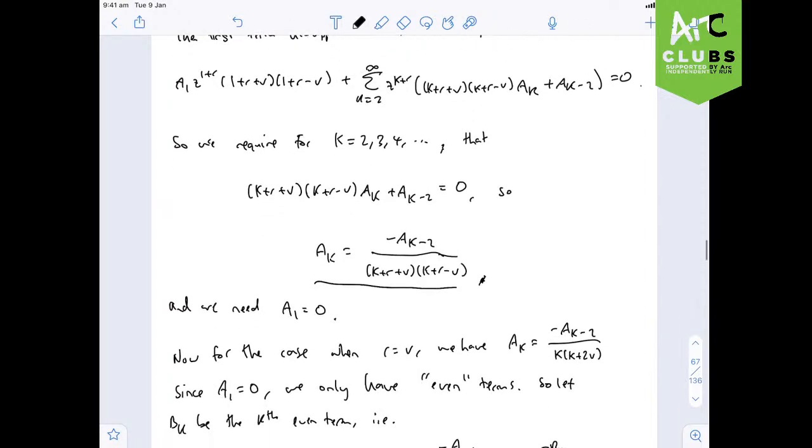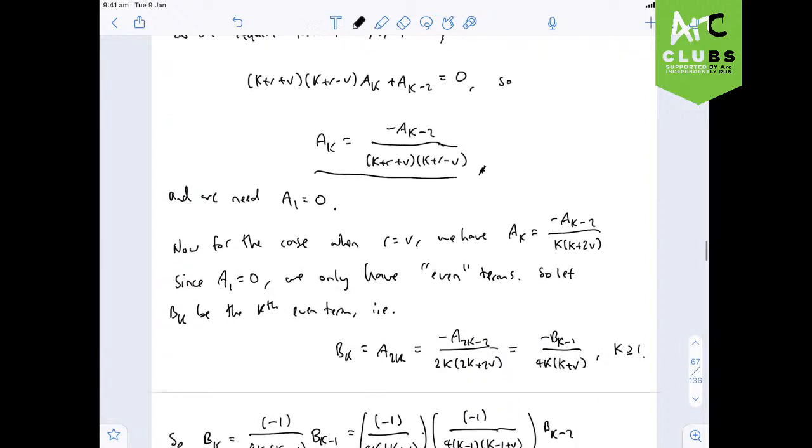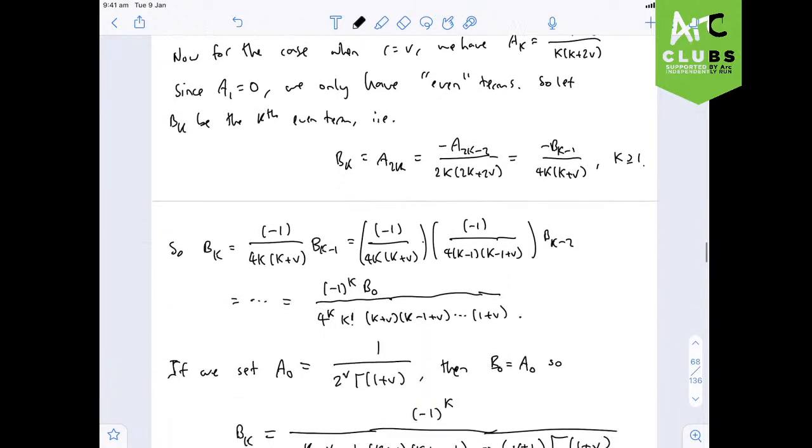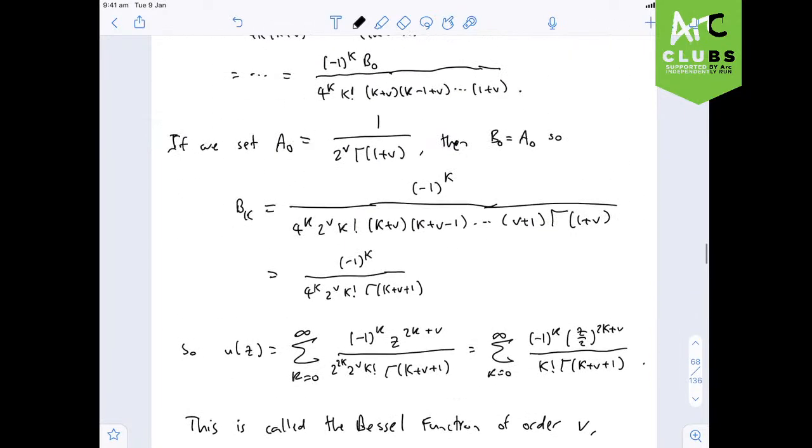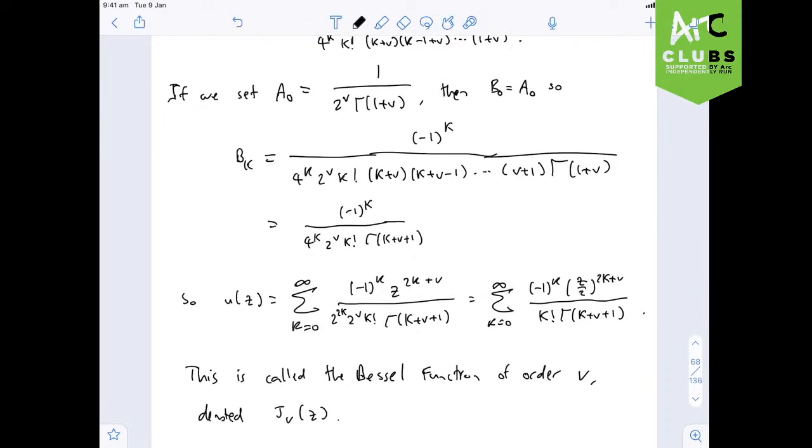And using initial conditions, if we have any, we can find what a1 or a0 is. But as we keep simplifying down, we see that a solution is given by this equation.